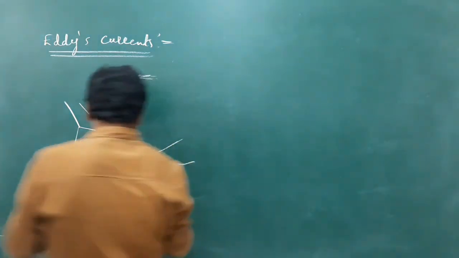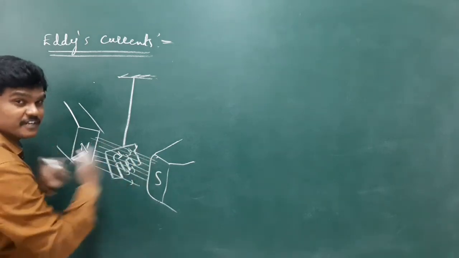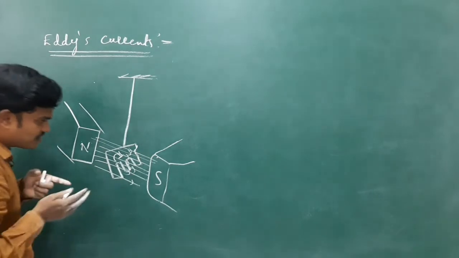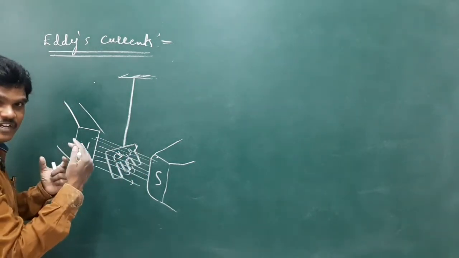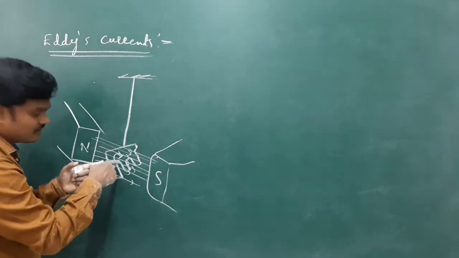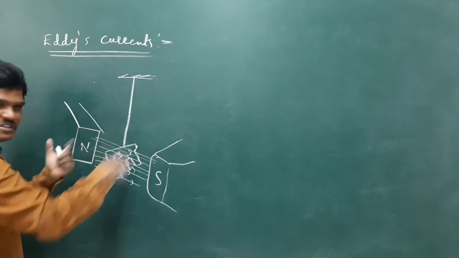So if a bulk piece of metal enters the magnetic field or leaves it, some circulating currents are induced in the metal pieces.